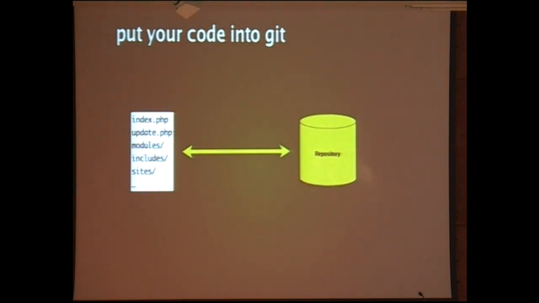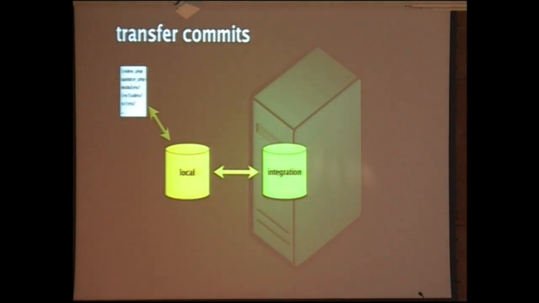Woohoo. The next thing you want to do, or you can do, is transfer your repository, your changes, to another repository. In this case, this repository will be on the web server on your machine that will serve those files. I called that one integration. It will be more clear why I did that.